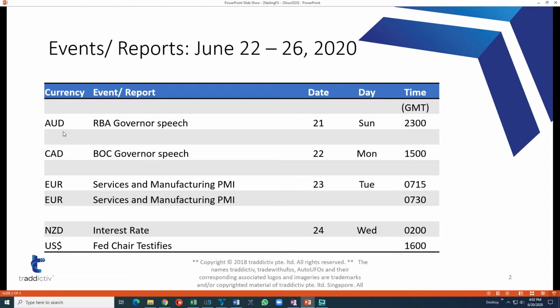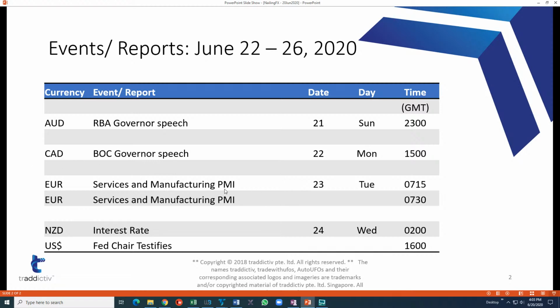We have the RBA Governor's speech from Australia, the Reserve Bank of Australia, followed by Monday afternoon GMT. All these times are as per GMT, so please do adjust the time as per wherever you're located in the world. This is 3 p.m. GMT on Monday. We've got another governor's speech, on the Canadian dollar.